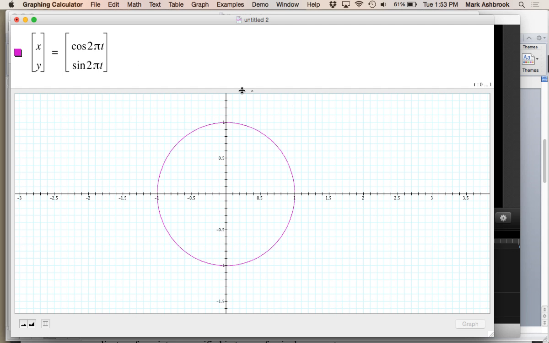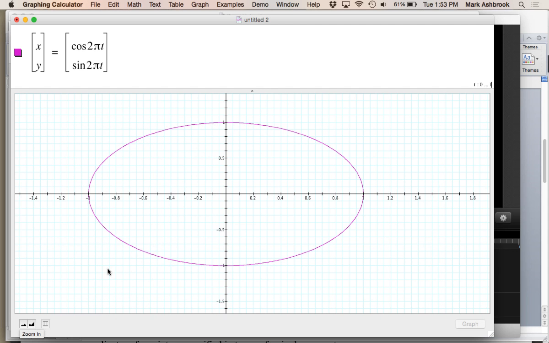Cosine literally is horizontal distance, or your x. Okay, so I just zoomed in on the x-axis.